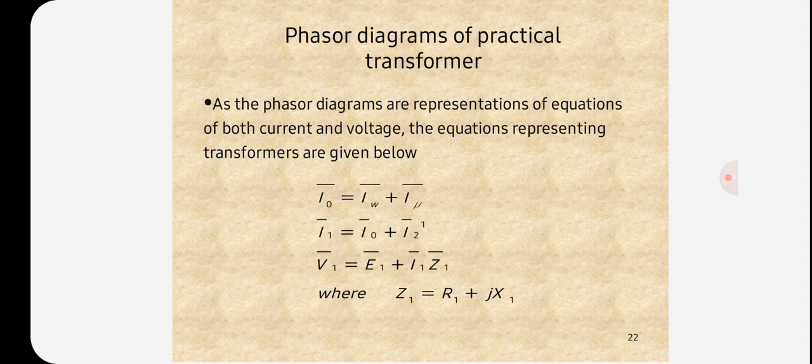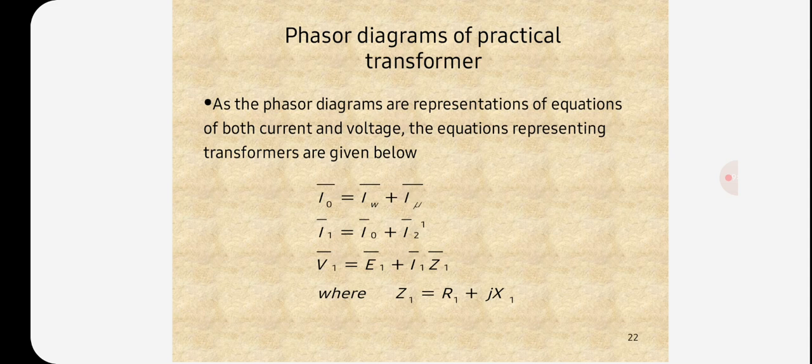So in the phasor diagrams of a practical transformer, as phasor diagrams are representations of the equations of both current and voltage, the equations representing transformers are given as follows. Vector I naught is equal to I w plus I mu, meaning no load current is equal to the working component plus the magnetizing component.